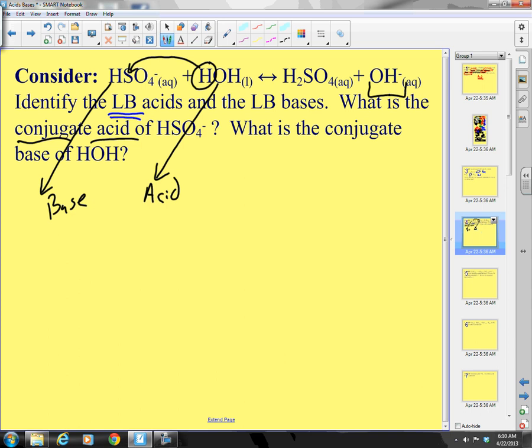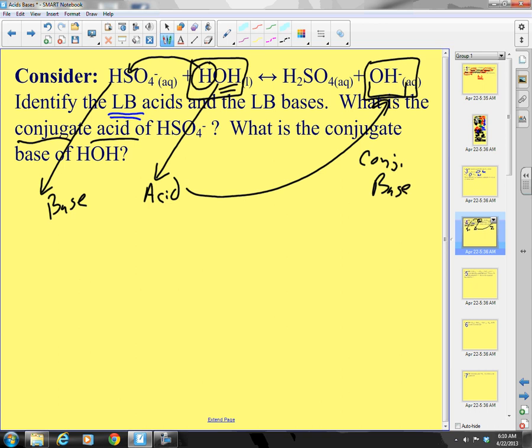Good. So here we go. Let's take a look at this. Here is my Lowry Bronsted acid. It donates the hydrogen. What's left over after it's donated? Well, OH minus. So if this is the acid, this is the conjugate base. Good. And if this is the base, after it accepts a proton, what do we have?